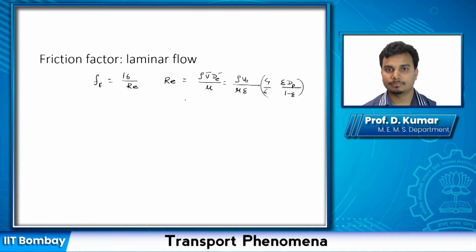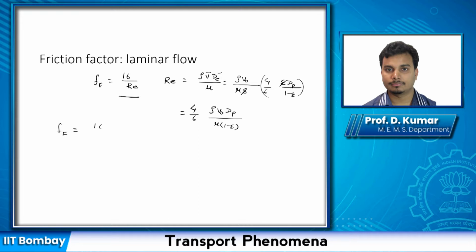That means the Reynolds number will be 2 by 3 rho V naught d_p, and then this epsilon cancels out, so we will have this d_p by mu. For laminar flow, since this is 16 by Re, we can now write f_f as 16 by all these things.